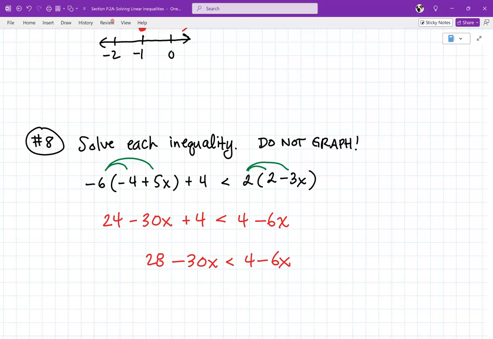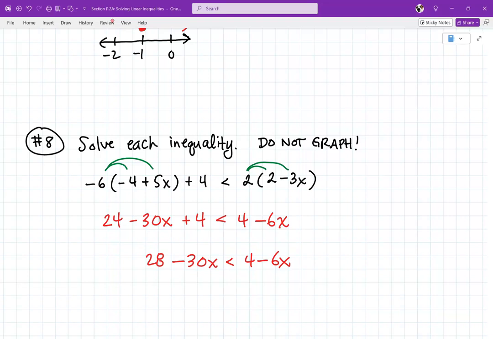All right. Now, look at your variables. Negative 30x, negative 6x. The smaller of the two is the negative 30x. Remember, when a number is negative, the bigger it appears, the smaller it actually is. Just think of it as money, right? If you owe me 30 bucks or you owe me $6, well, you owe me more if it's 30 than 6, right?